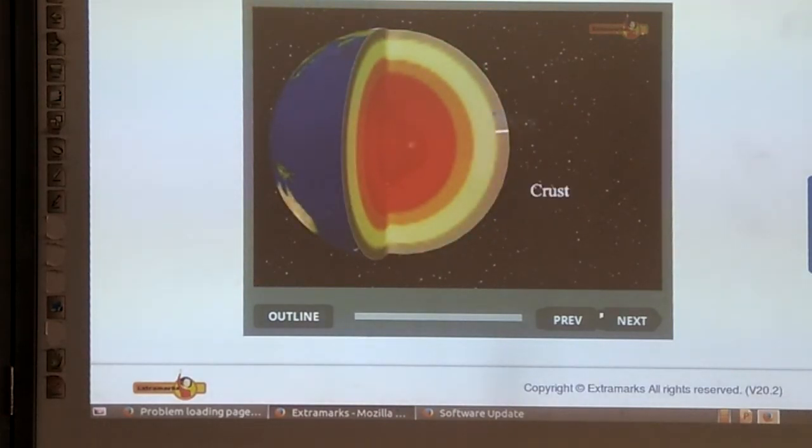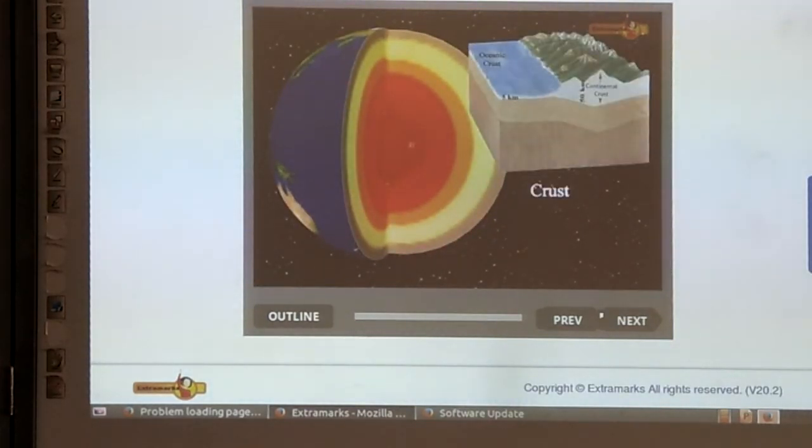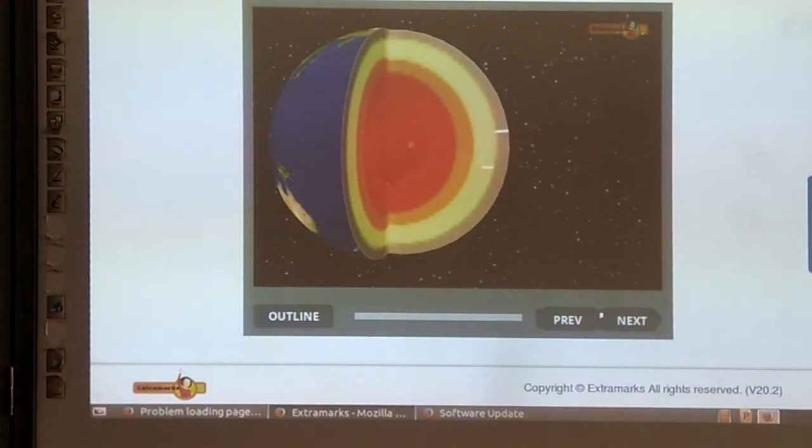The thickness of the crust averages about 50 km under the continent, but is only about 5 km under the ocean. The density of the continental crust is 3 grams per cubic centimeter, whereas the density of the oceanic crust is 2.7 grams per cubic centimeter.